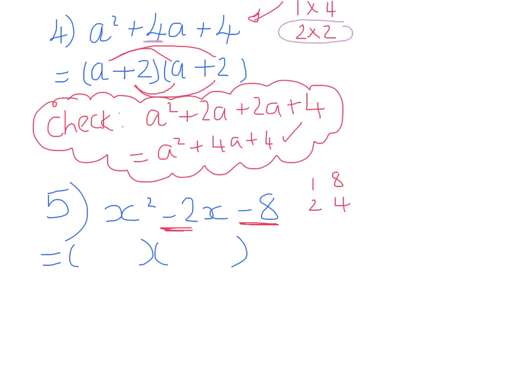And I can see from here, the 1 and the 8 are not ever going to give me negative 2. But if I've got positive 2 and a negative 4, I can end up with negative 2. And I'll just double check. If I multiply positive 2 by negative 4, yes, I get negative 8. So my brackets are going to be x plus 2 and x minus 4.